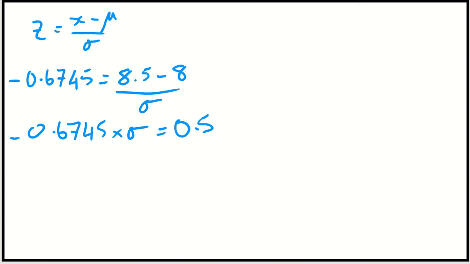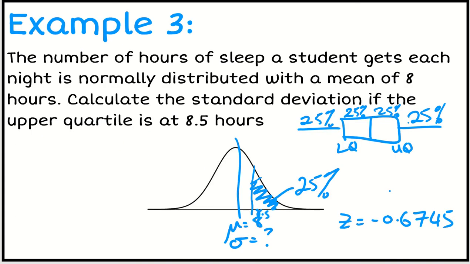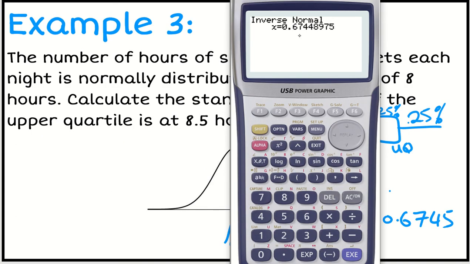Now let's divide through to get the standard deviation on its own. So 0.5 divided by 0.6745, and that shouldn't be a negative. I've made a mistake when I did this one here on my calculator. What have I done? Oh, it is positive. I've just written it down as negative.